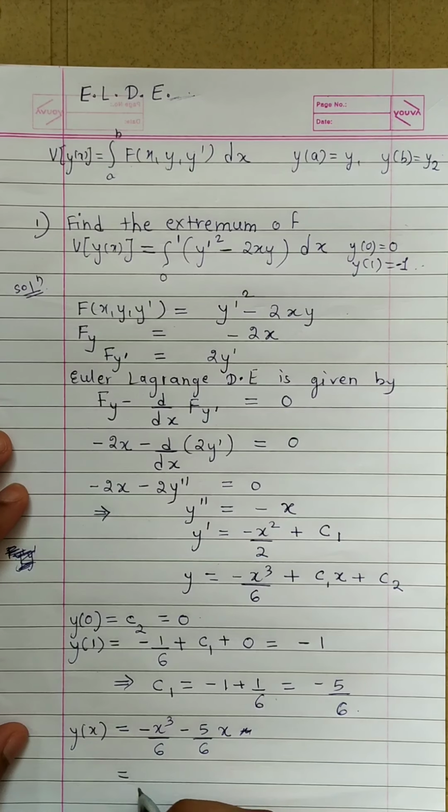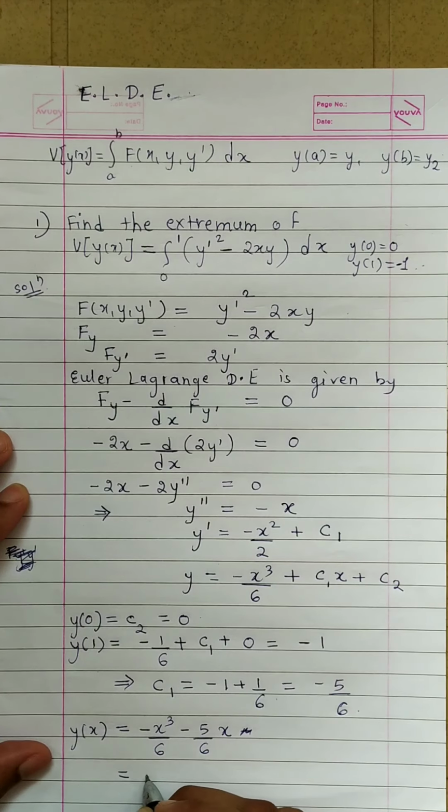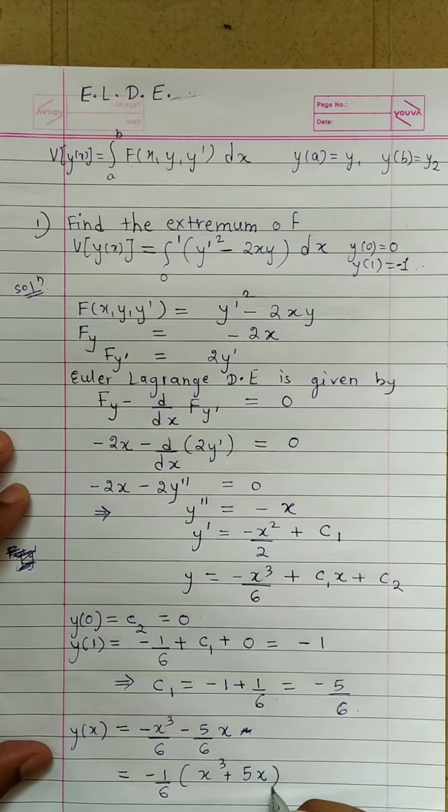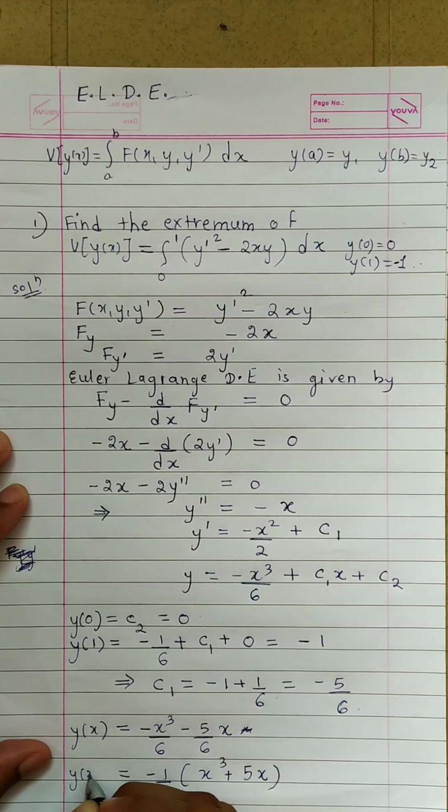We can write it in concise form as minus 1 upon 6 times x cube plus 5x.